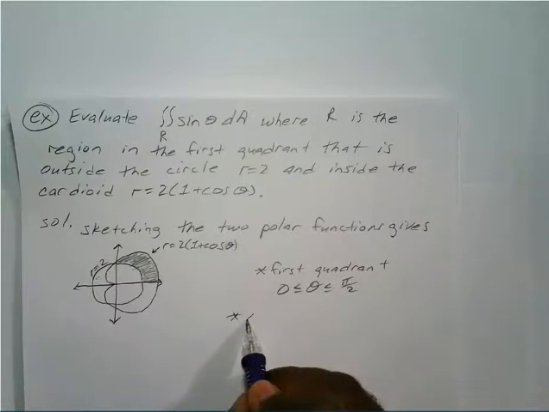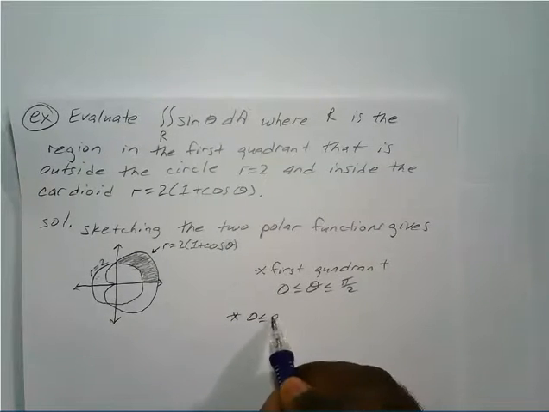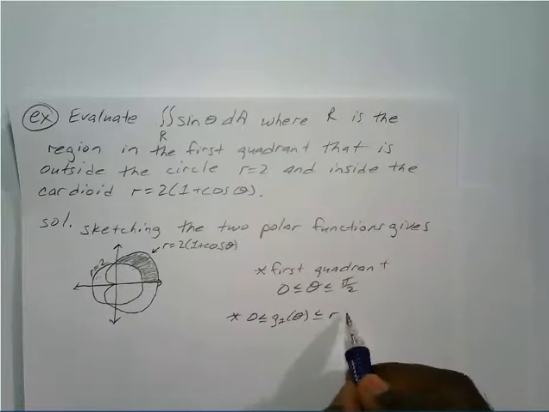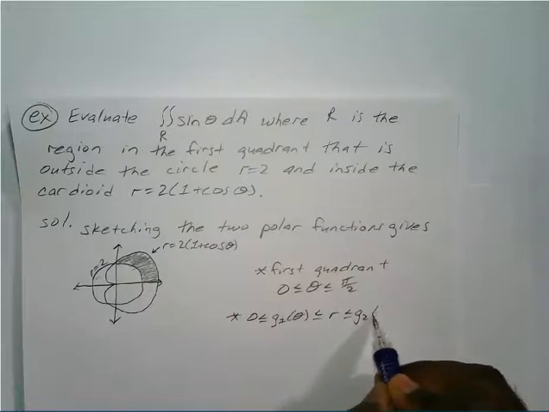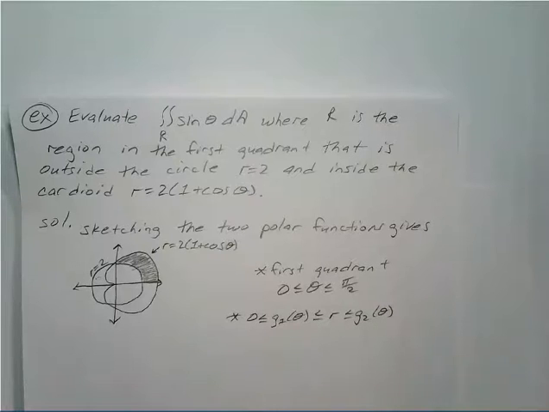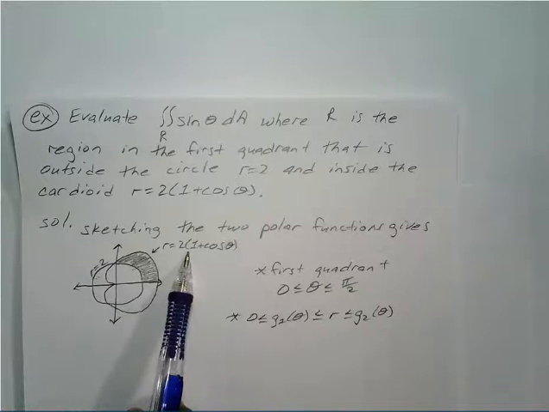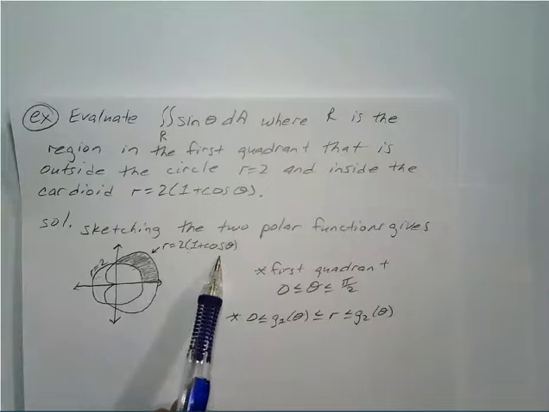We know that 0 is less than or equal to our first function, less than or equal to r, less than or equal to our second function. In this case, our functions are 2 and 2 times 1 plus cosine of theta.